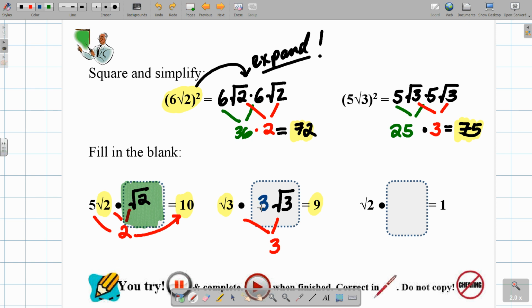And the answer is 3. So the complete box, fill in the blank, is going to be 3 root 3 in that box. I'm going to give you 10 seconds to try to do that last box on your own. You've got 10 seconds to figure that out.